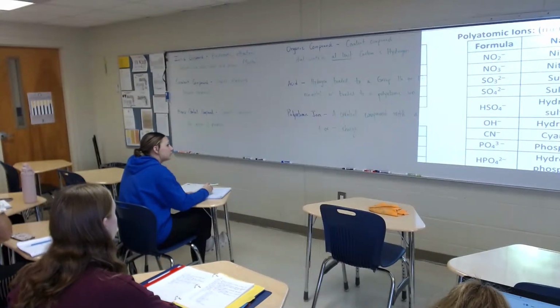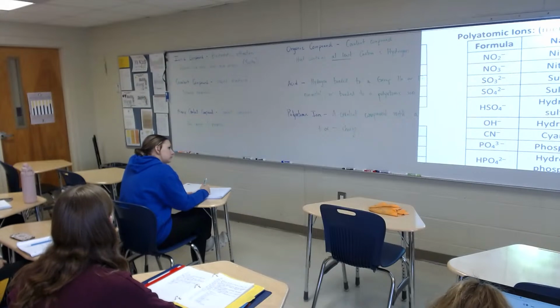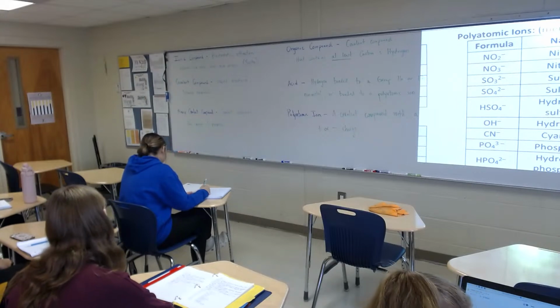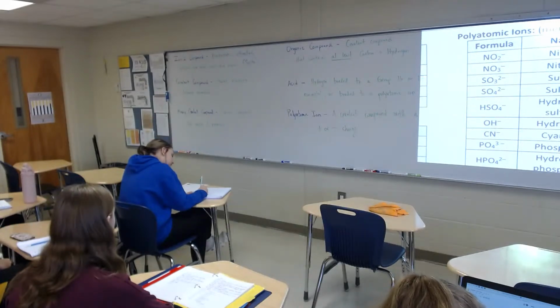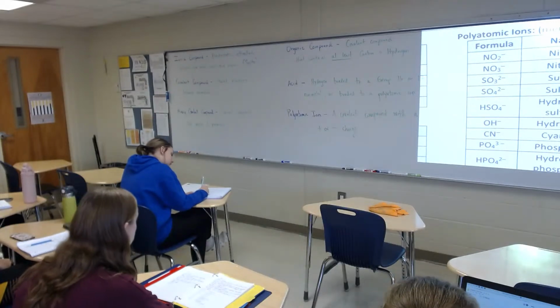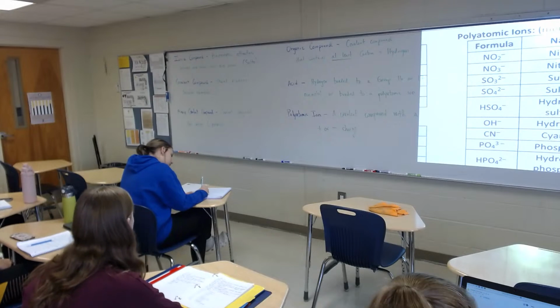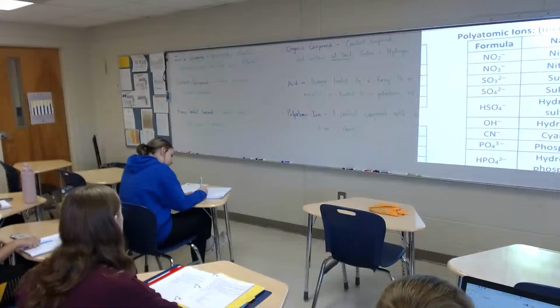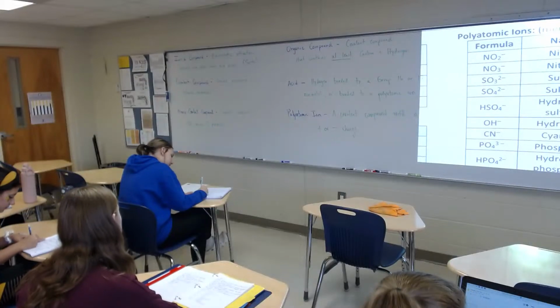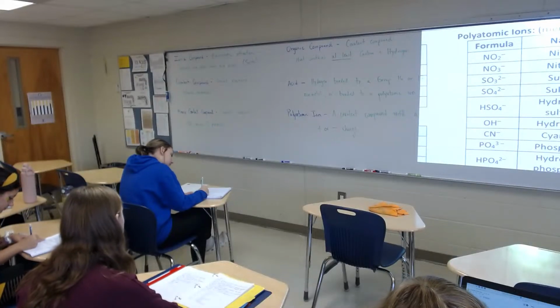Covalent compounds. Covalent compounds are when the electrons are shared between nonmetals. So right-hand side of the periodic table, right? Those elements make covalent compounds. If you bond something on the left to something on the right, you get an ionic compound. Two things on the right is covalent.